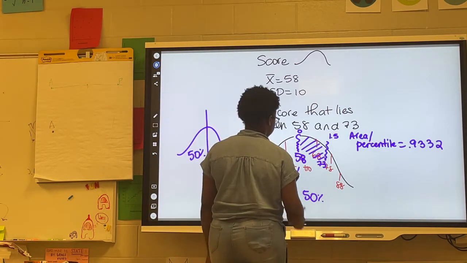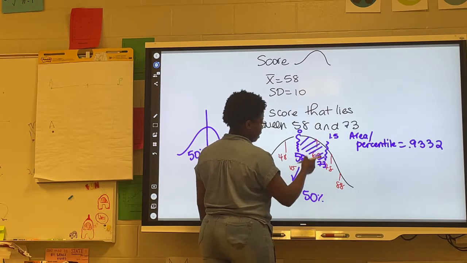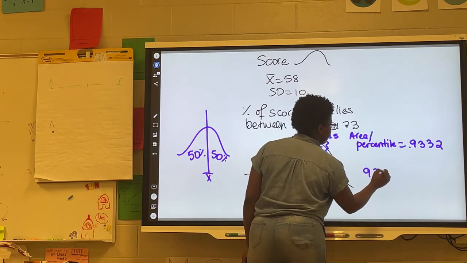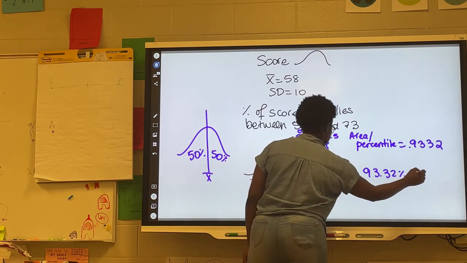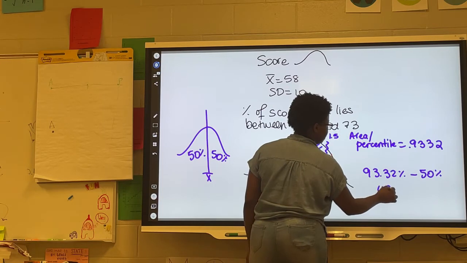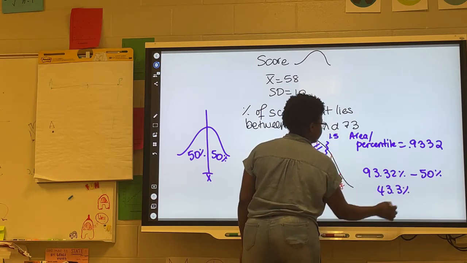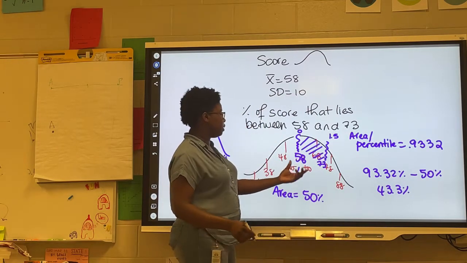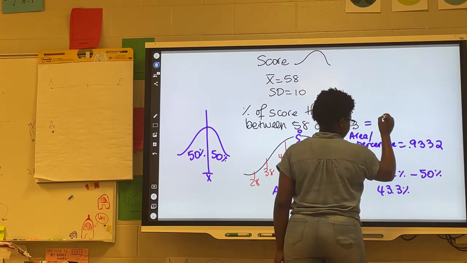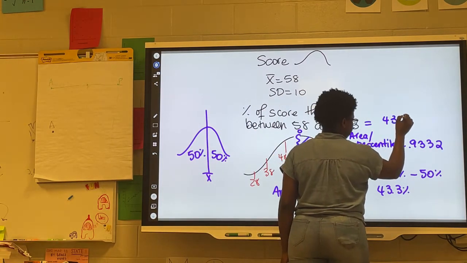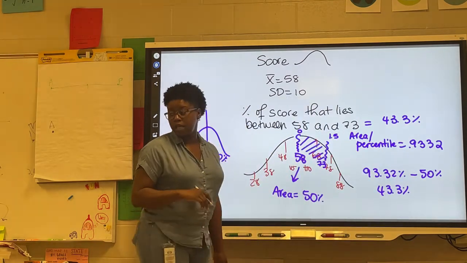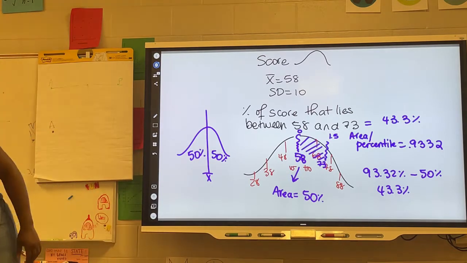So from here we're going to subtract to find the region right here. 93.32% minus 50% will give us 43.32%. So the region between 58 and 73 represents 43.3% of the data. That's one way you can find it.